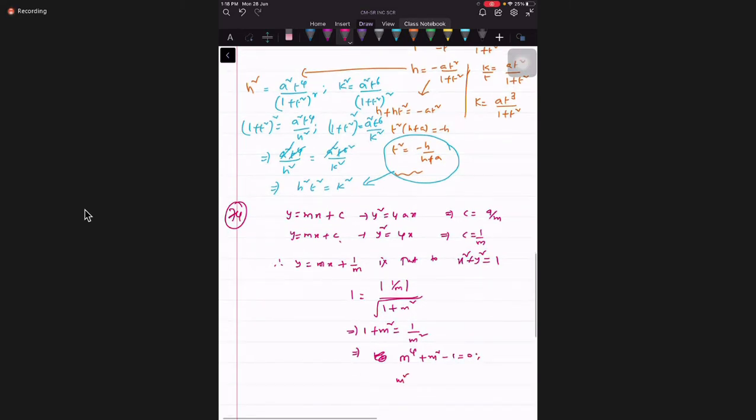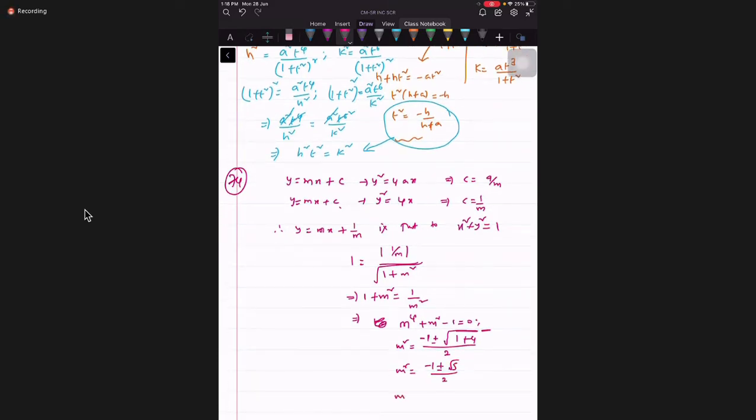So m² equals (-1 plus or minus root of (1² + 4)) divided by 2. m² equals tan² theta, which is 1. Now m² is a positive number, so the minus value is rejected.